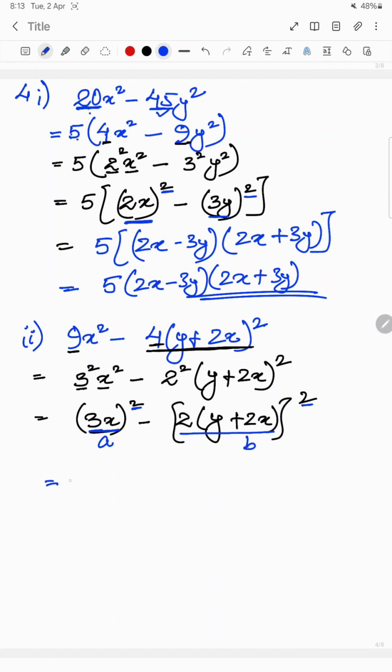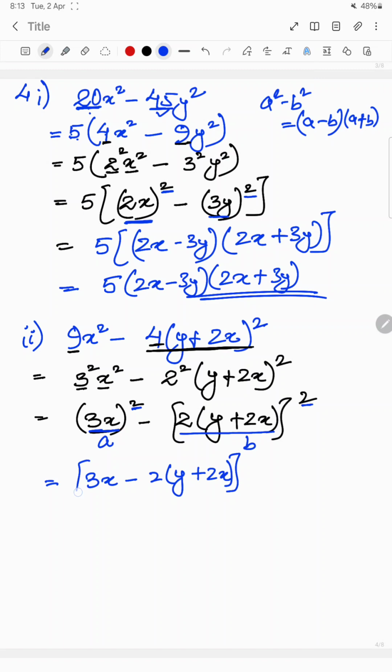So now, a square minus b square is a minus b into a plus b, which we have been using from the very beginning, that is from question number 1. So here a is 3x minus b, which is 2 y plus 2x within bracket, into a plus b, b is 2 y plus 2x within bracket.